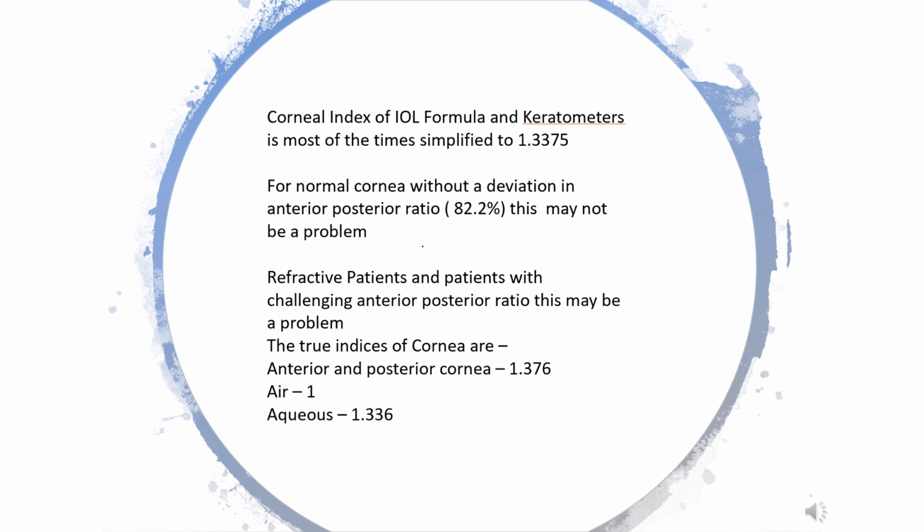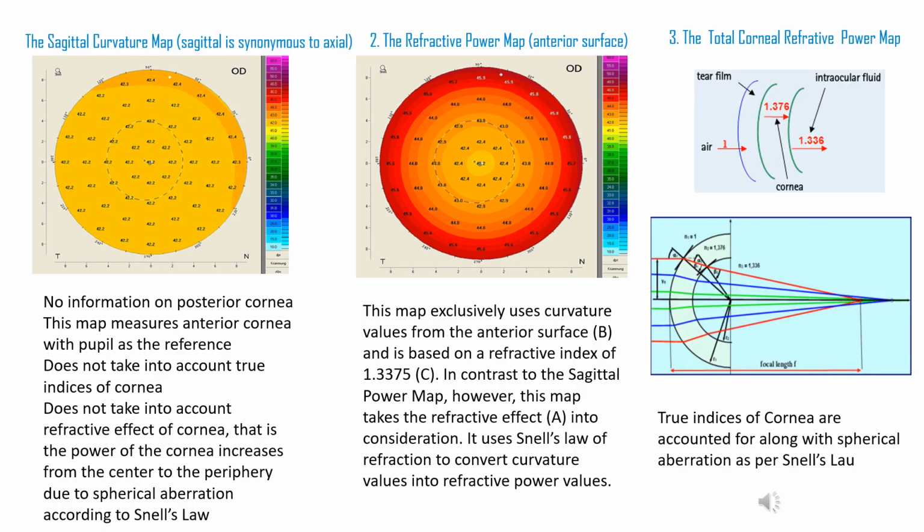That being said, which of those tomography maps should we concentrate on? What do they mean? And which of those maps should we be considering for post-myopic Lasik patients to take the K readings? So to answer that, let's look into the different power maps and what they mean.